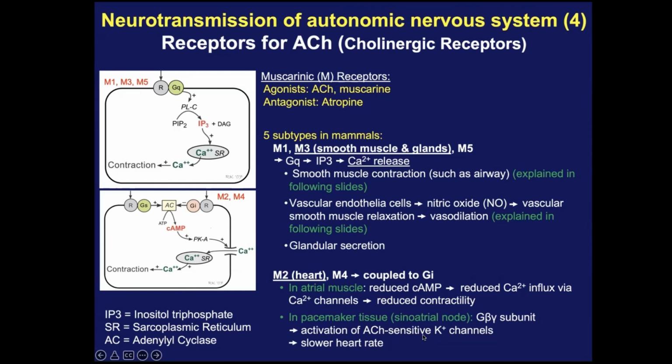This special channel is only expressed in the pacemaker tissue. So in the atrial tissue, they cannot affect this potassium channel because this specific potassium channel is not present on the cell membrane. Yeah, thank you.